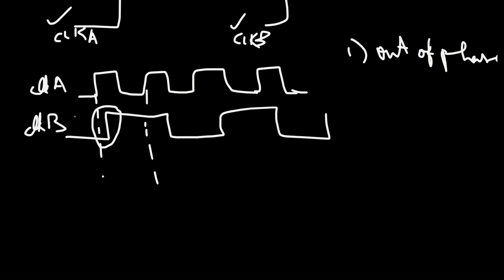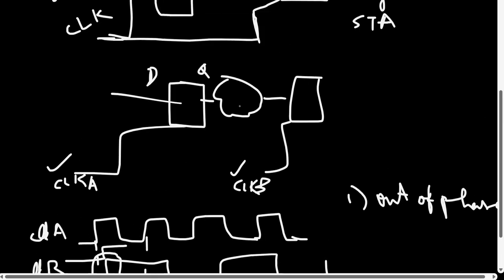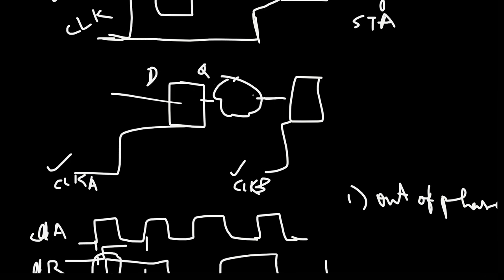The problem is in case the data changes during this window. Again, the same metastability issue will come here. If the data toggles in between this window, it will lead to metastability. When that happens, the functionality of the combo logic could go wrong, and all the values which are propagated and fanned out will be completely wrong.